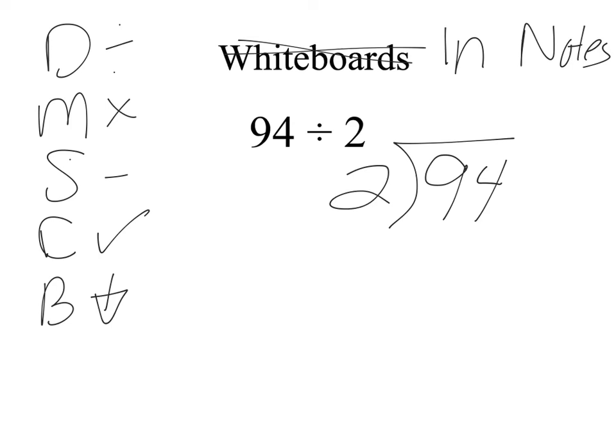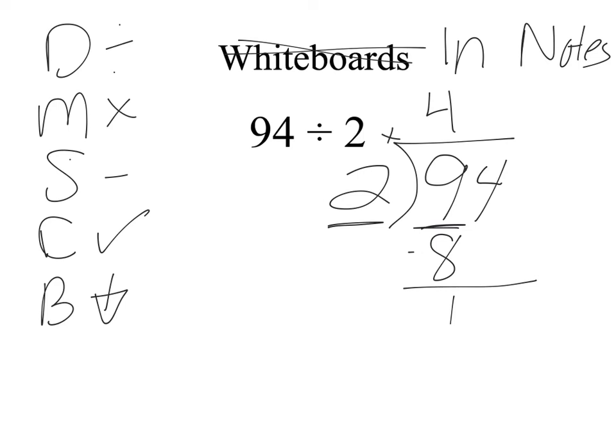We're going to first divide our tens. So I have 9 tens, and I'm going to divide them between 2 groups. Well, if I think about it, I could actually put 4 tens into each group, because 4 times 2 is 8, which means I would have 1 left over.